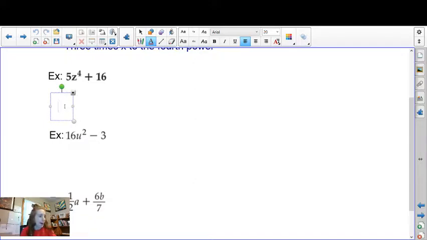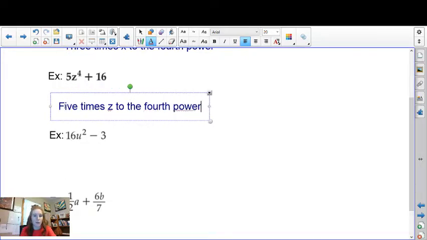Cool. I have 5 times z to the 4th power plus 16. I can spell really good sometimes.